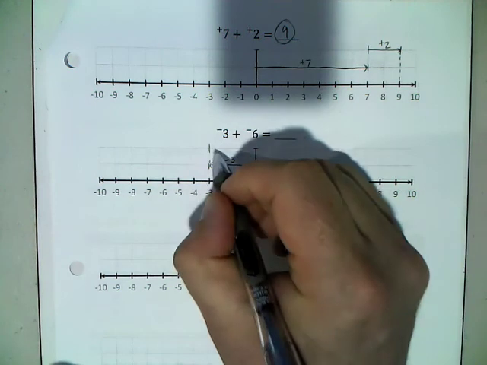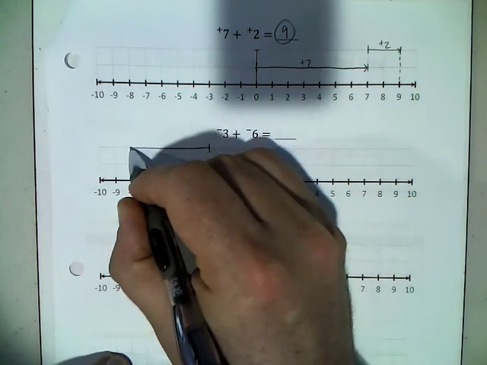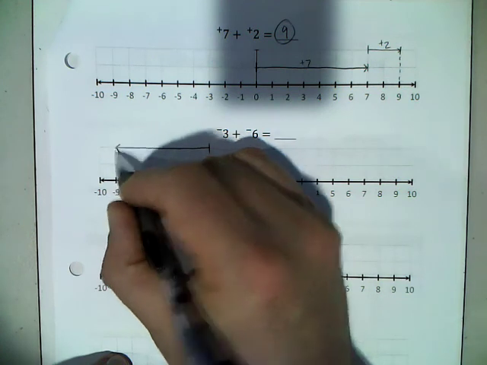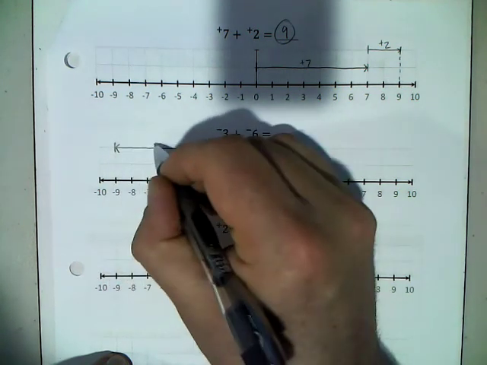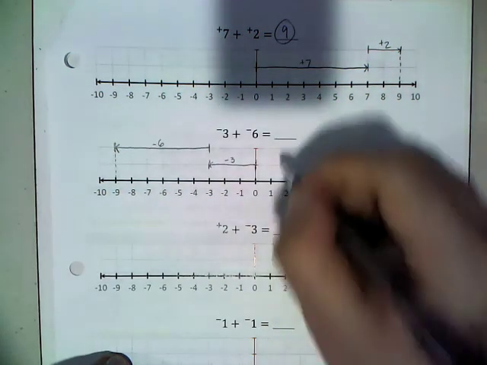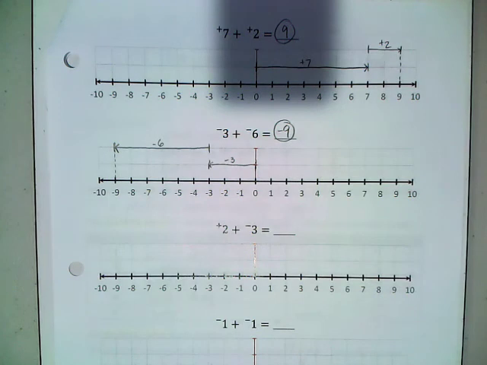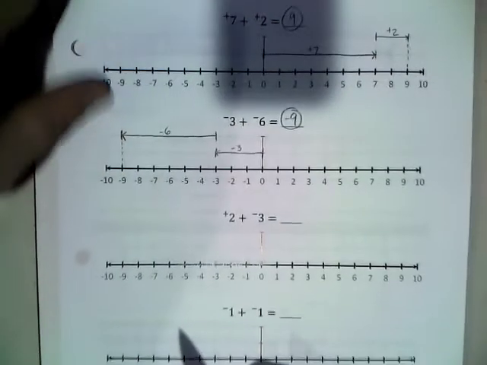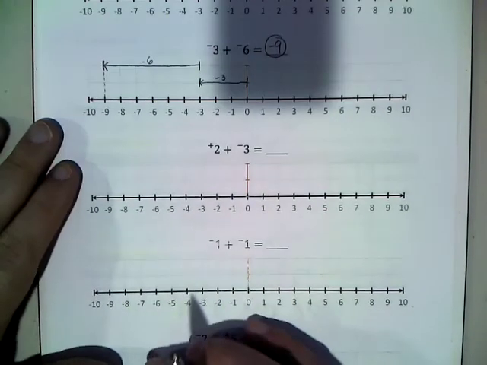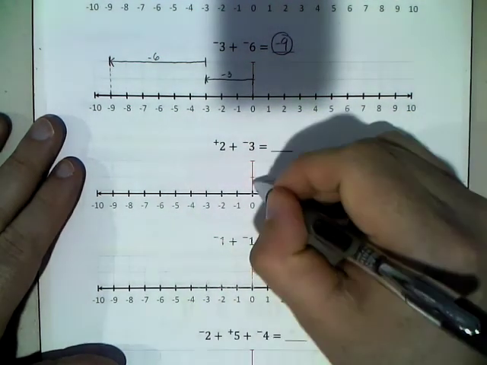So negative tells me go to the left. So 1, 2, 3, 4, 5, 6 units to the left. There's my -6. Turns out a -3 plus a -6 is a -9.